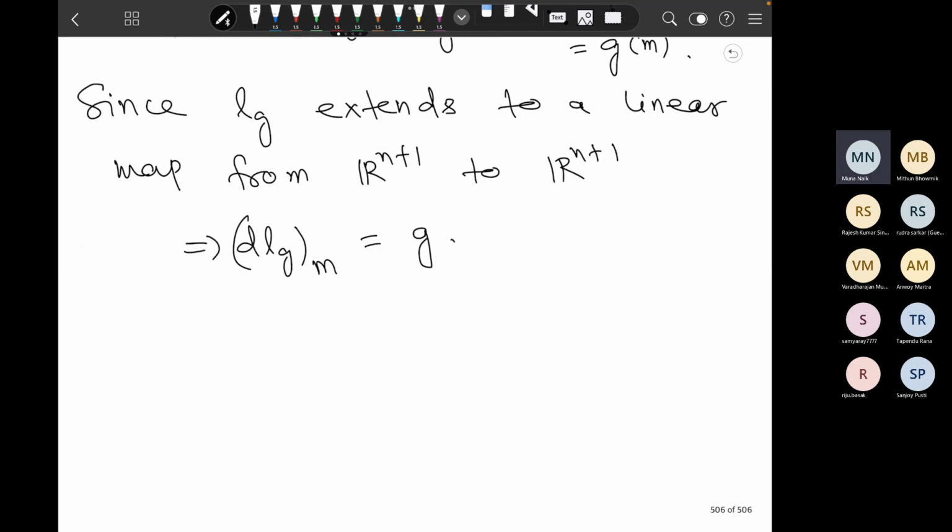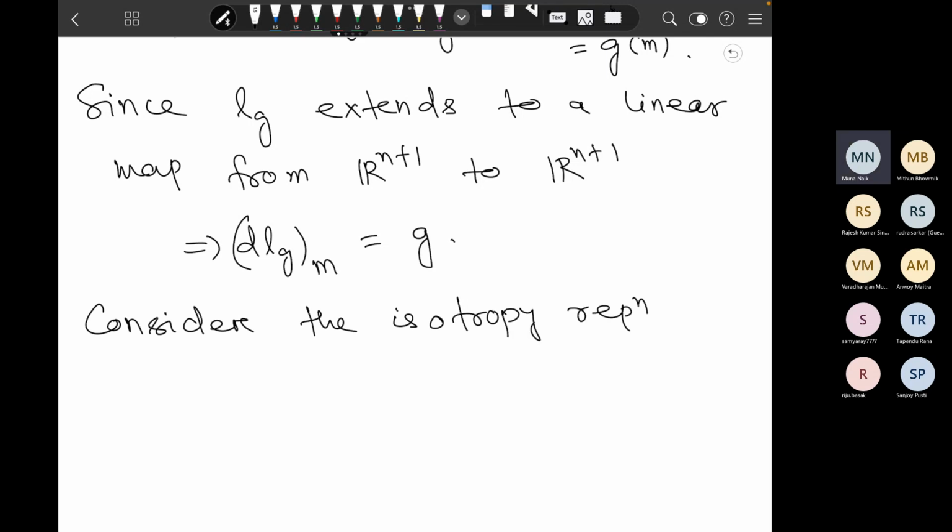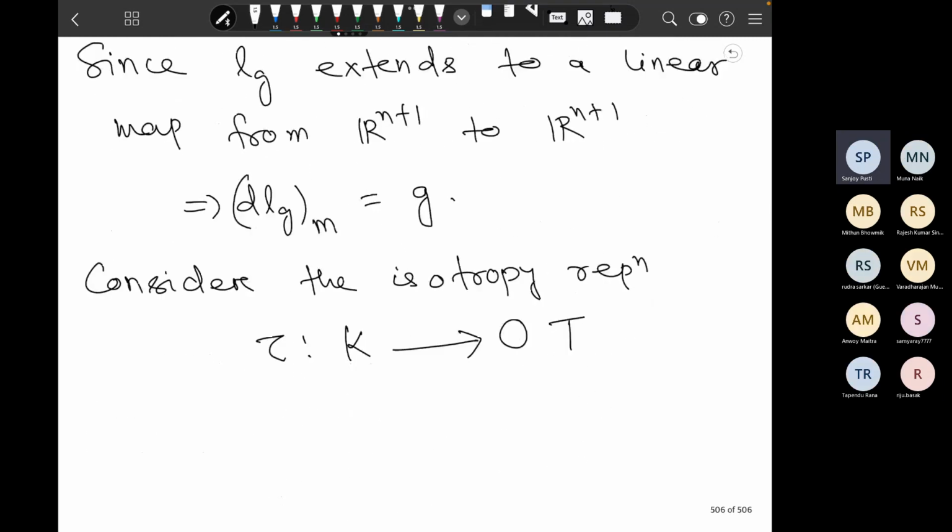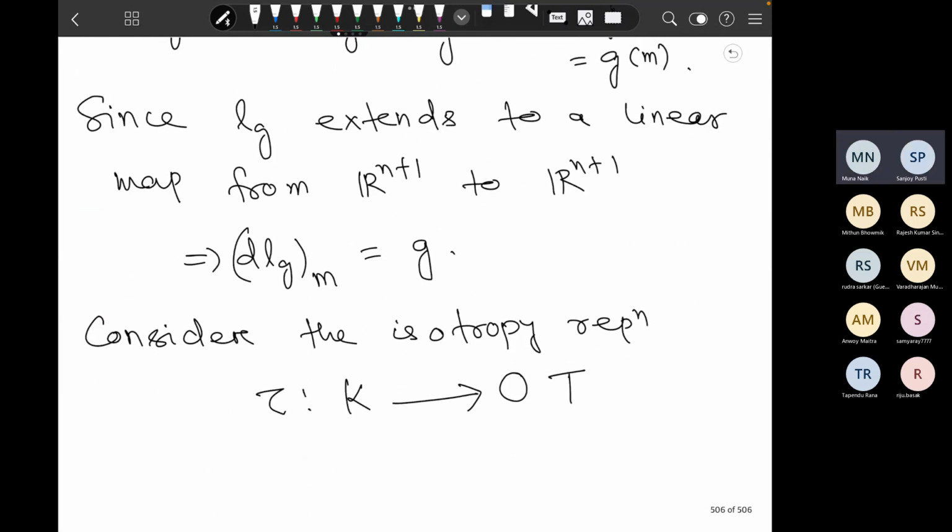Now consider the isotropy representation, the representation tau from this K, which is isomorphic to SO(n), to the orthogonal group of the tangent space at e_{n+1} of Hn. Is dL_g equal to g or L_g?